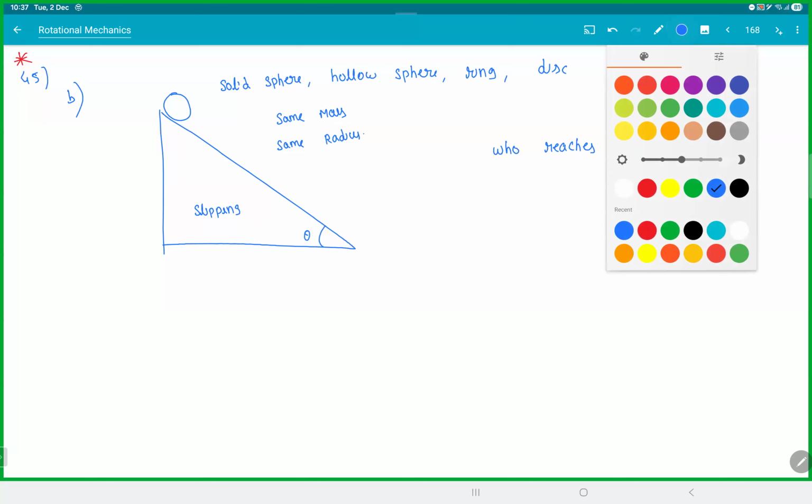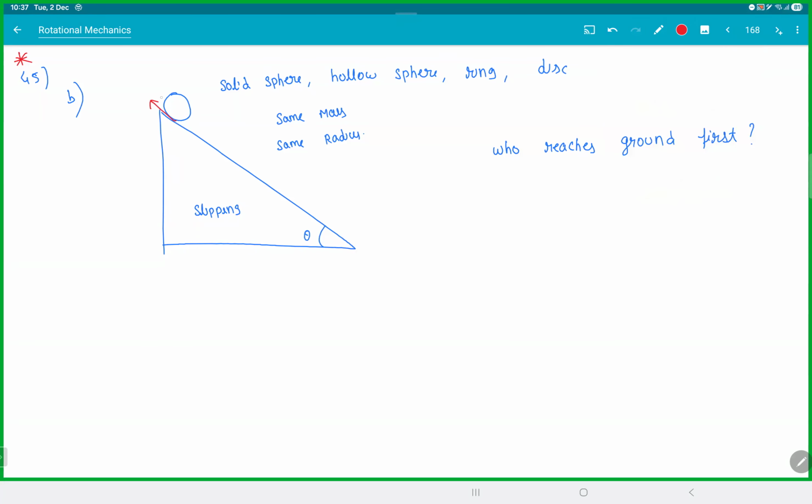Just now we saw. If you are slipping, what happens? Friction is maximum. Then your acceleration becomes g sine theta minus mu g cos theta, independent of the body. All have same acceleration. So all will reach at the same time.